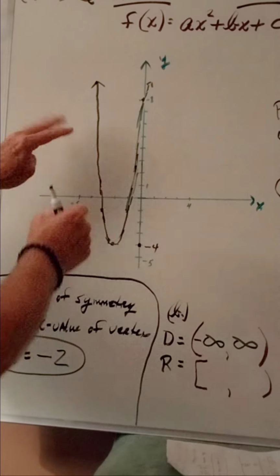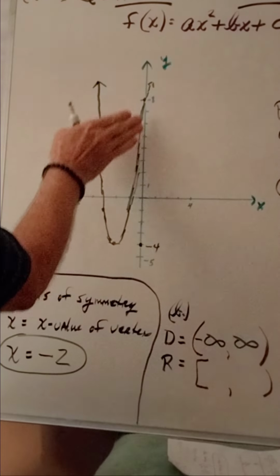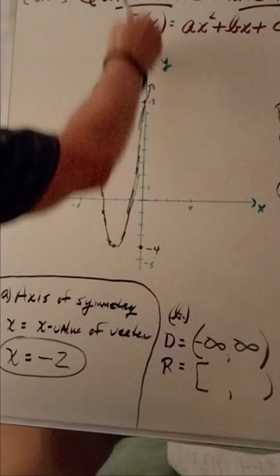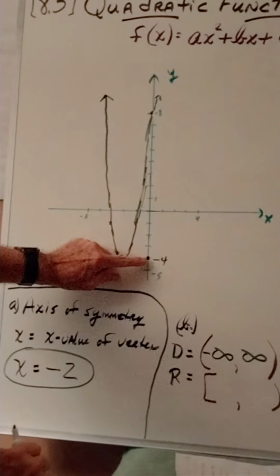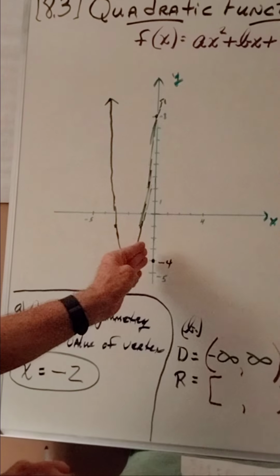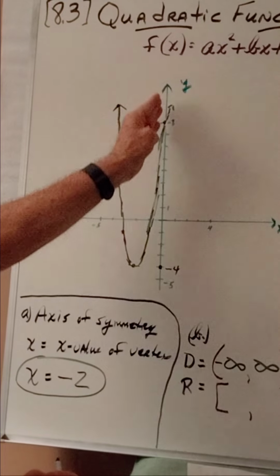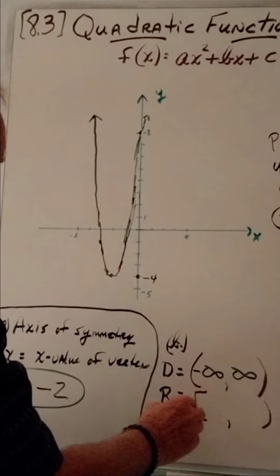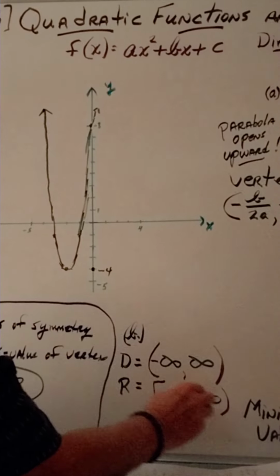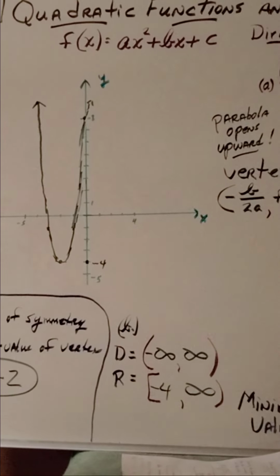All of these other points will move right over to the y-axis. The arrow will be darkened in. Your range begins at -4 and it goes infinitely in a positive direction, because as you move up the y-axis, you're getting larger. The smallest value would be -4. The largest value would be positive infinity. There would be the range of that graph.